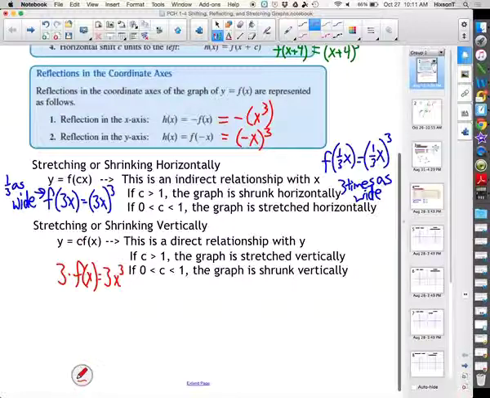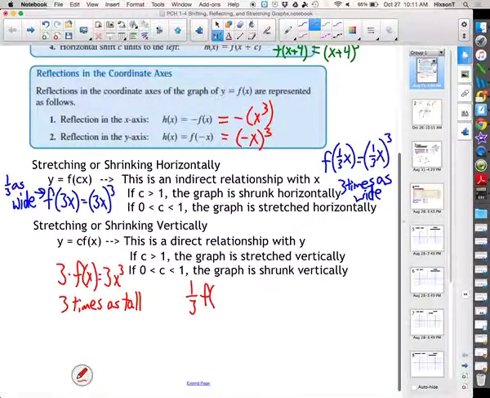The end result is, again, 3 times as tall. If we had a 1/3, a fraction, and it was something like 1/3 times x cubed, that would then be shrunk. It would be compressed vertically. So that would only be 1/3 as tall.